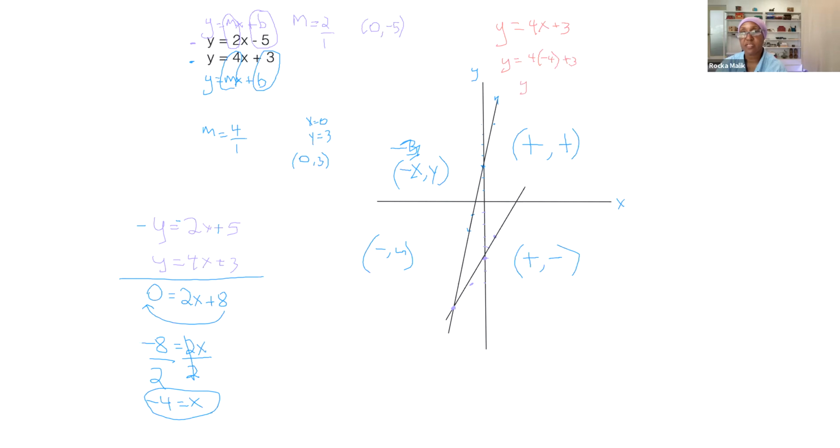So y equals negative 16 plus 3. So y equals negative 13. So my answer is negative 4, negative 13.